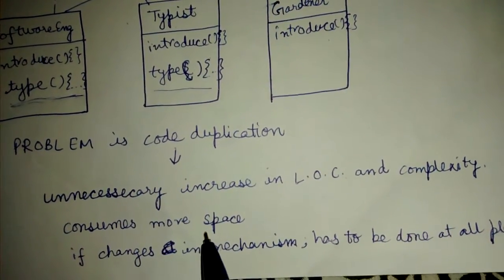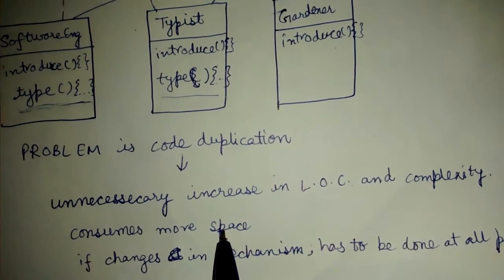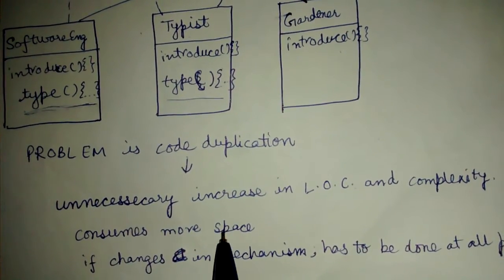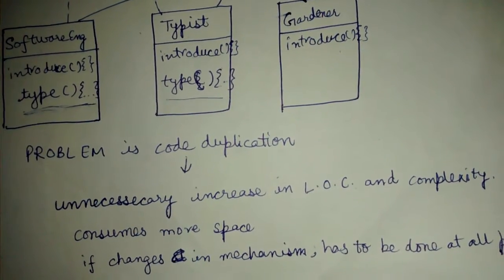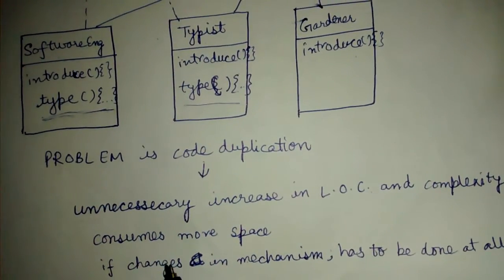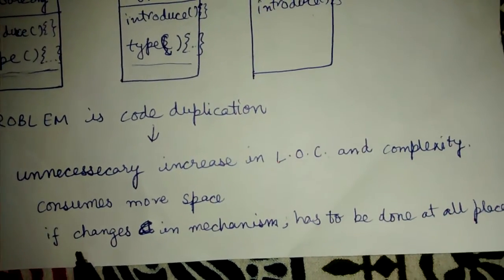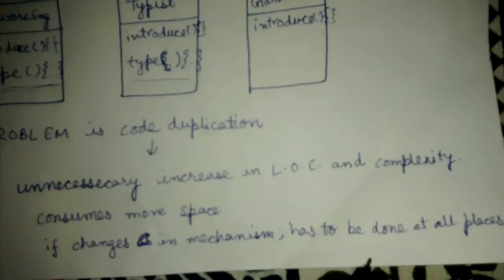Next is consumes more space. This is a very slight matter in today's scenario where hard disk space is not a major problem. It's quite cheap. One more thing, changes in mechanism have to be done in all places.